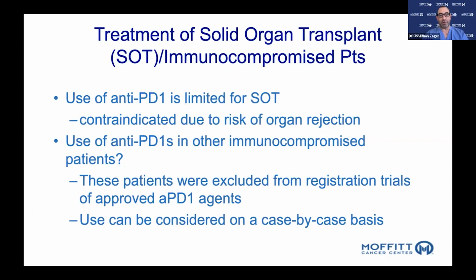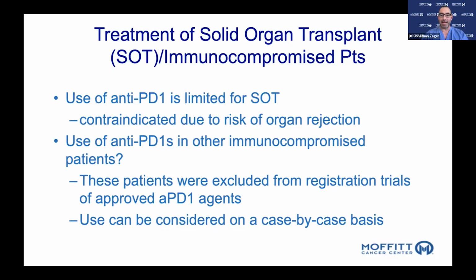The worry is you give this immunotherapy, the cemiplimab or pembrolizumab, or these anti-PD-1 therapies. The use of it is limited in the solid organ transplant population because we don't want to risk rejecting the organ. Can we use it in other immunocompromised patients?